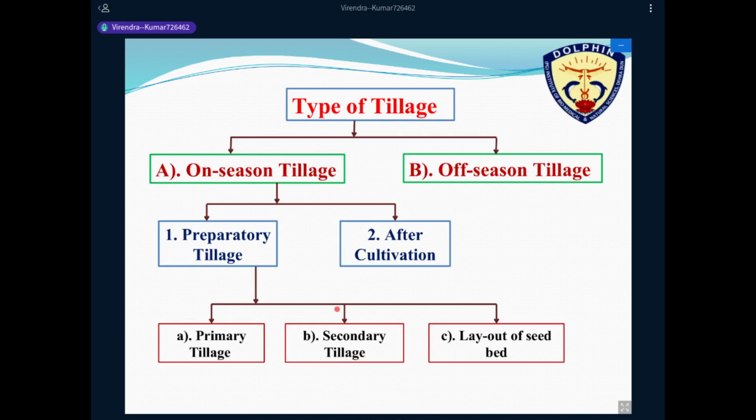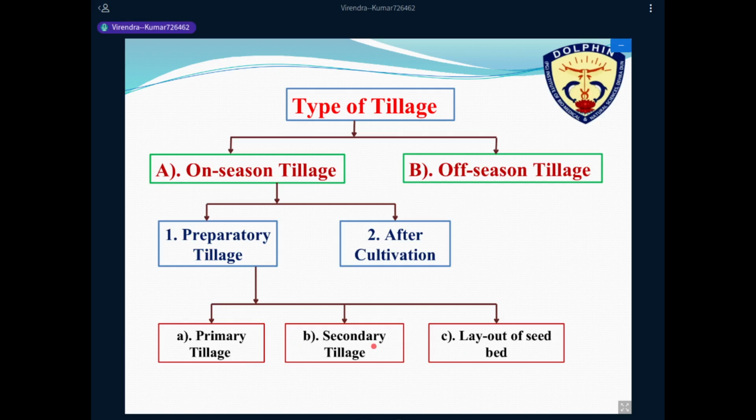In primary tillage, we cultivate before the sowing of the crops. In these practices, we cultivate our field to make favorable and appropriate conditions for seed sowing, and we try to uproot or destroy the weed populations and incorporate FYM in the field, and crop residues also.